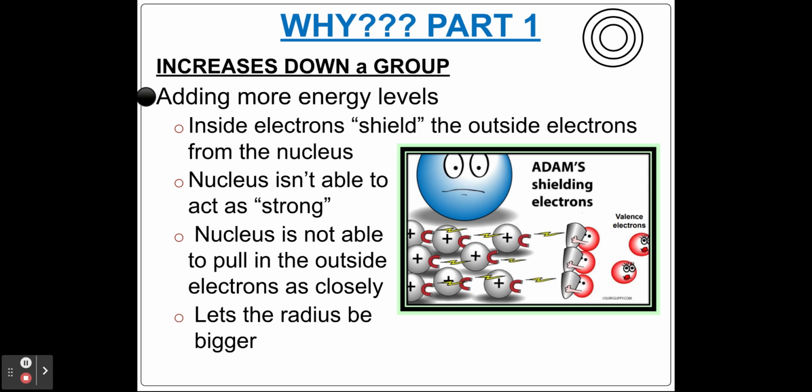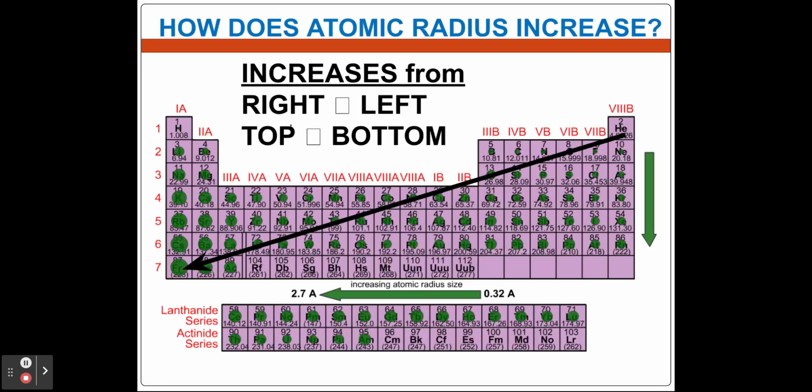So the first part we need to talk about is when we're increasing down a group. What's happening when we go down a group? When you go down a group, you're adding more energy levels. So remember the period number. If we go back to our periodic table, the period number here on the left indicates the number of energy levels you have in your atom.